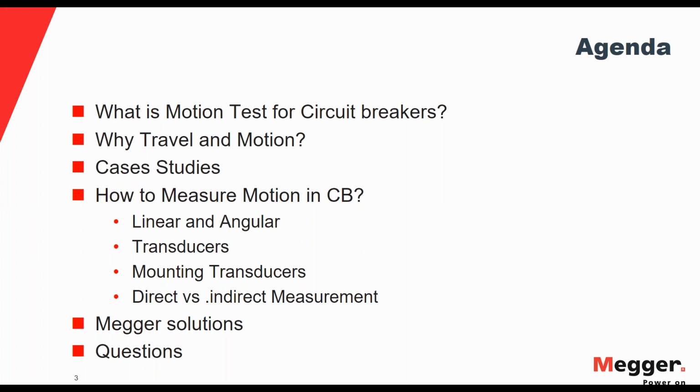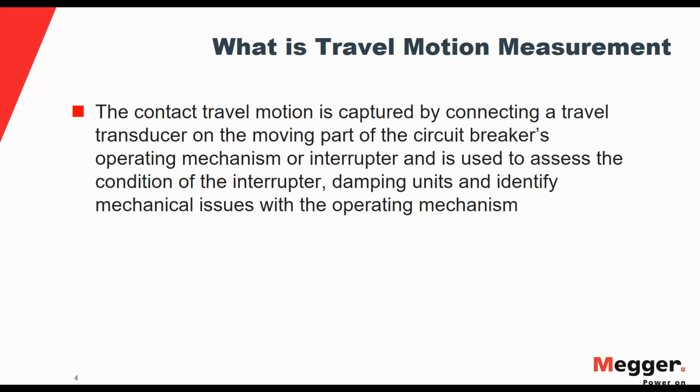So let's start by defining what travel motion measurement means. Travel motion is basically capturing, using a transducer or travel transducer specifically, the moving parts in a circuit breaker mechanism.